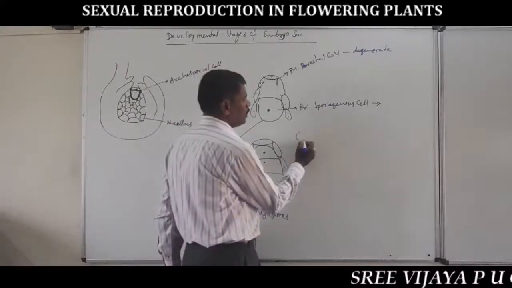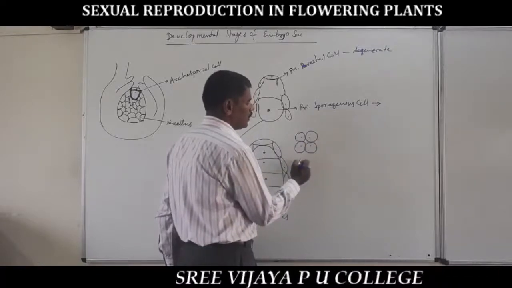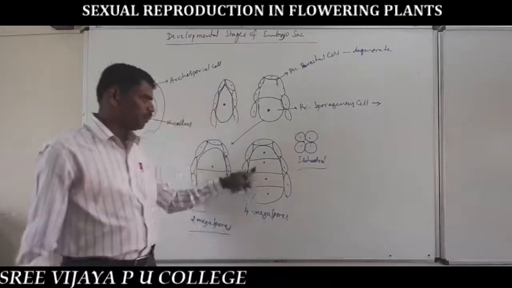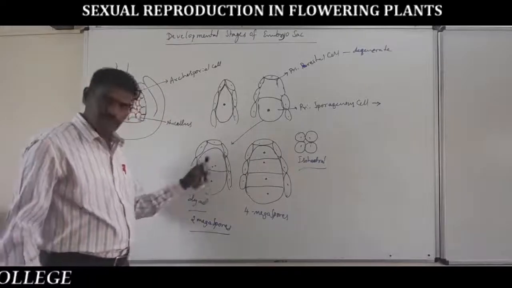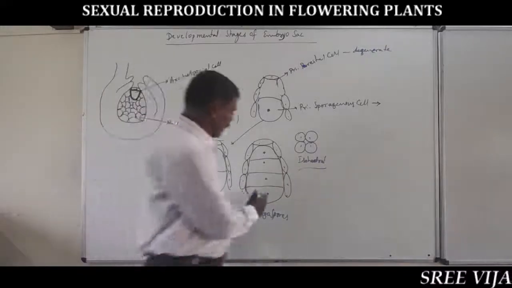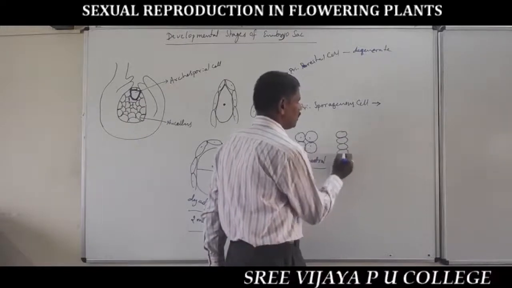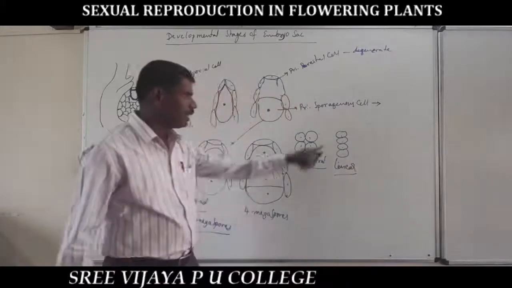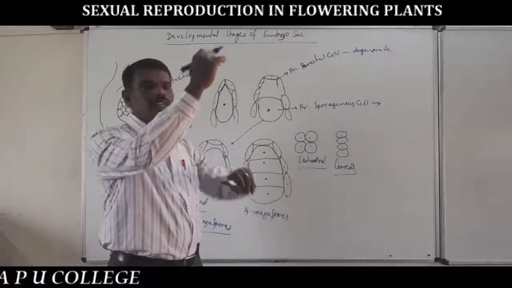For example, the isobilateral arrangement of these 4 cells. Or the arrangement may be linear, each megaspore present one above the other.